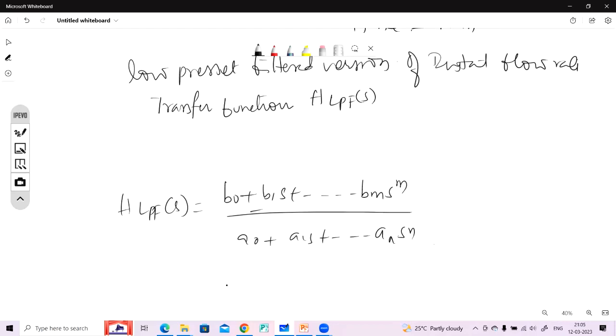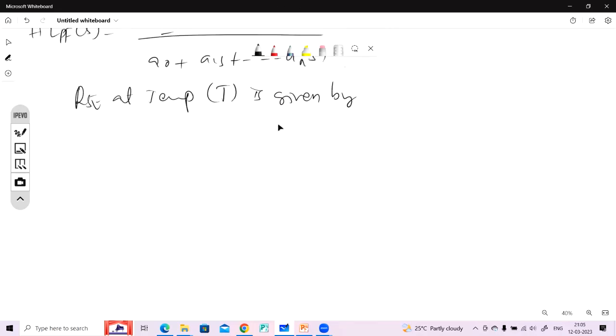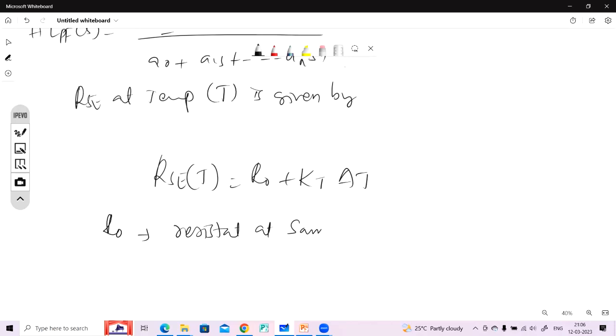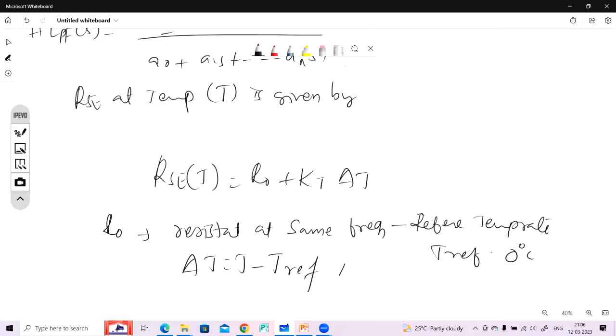The convenient model of the sensing element, that is RS, at a temperature T is given by Rs of T equal to R naught plus Kt of dou T. So here R naught is the resistance at the reference temperature, that is T ref with 0 degrees Celsius, and dou T equals T minus T reference.